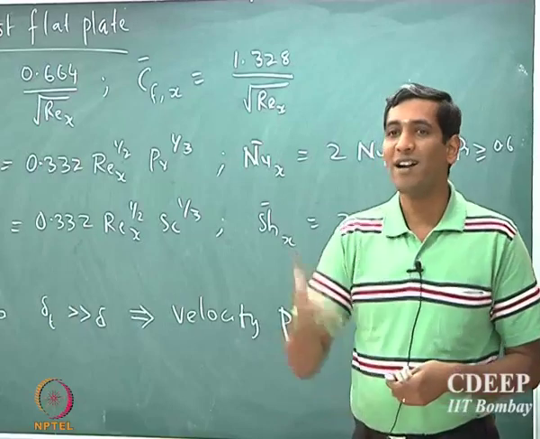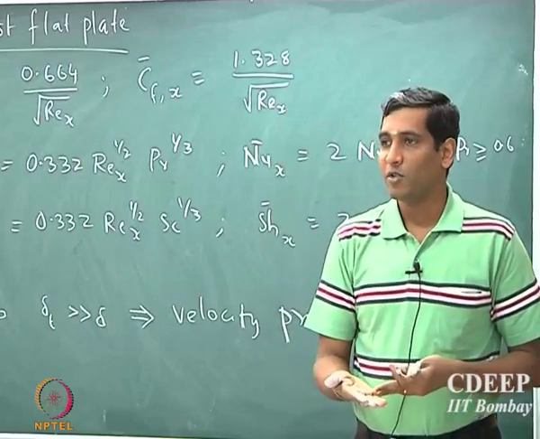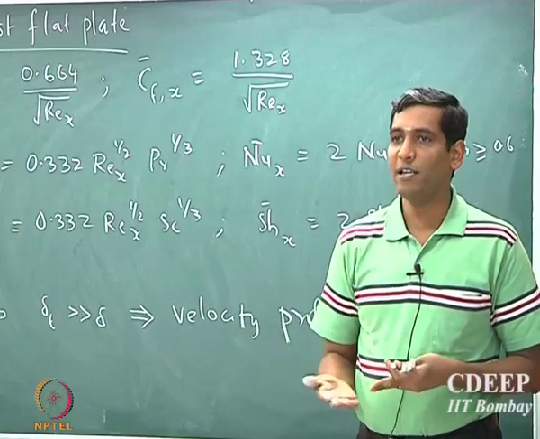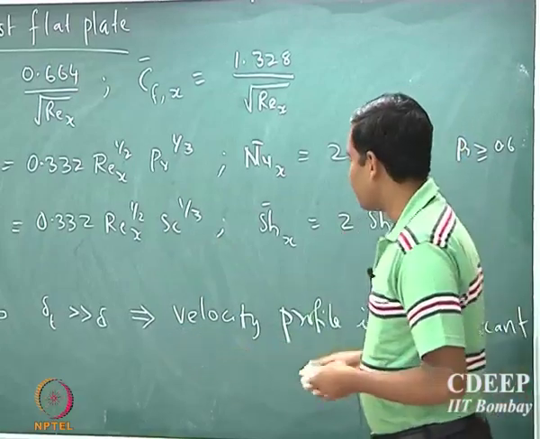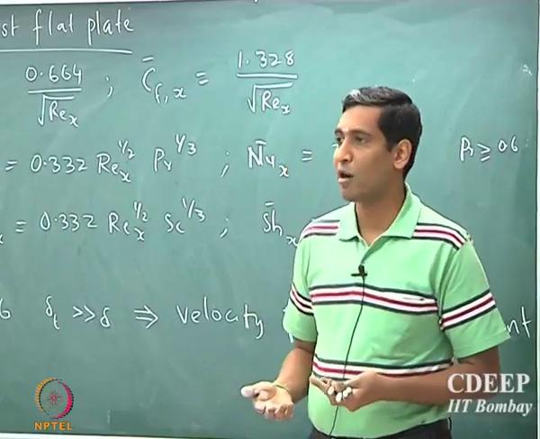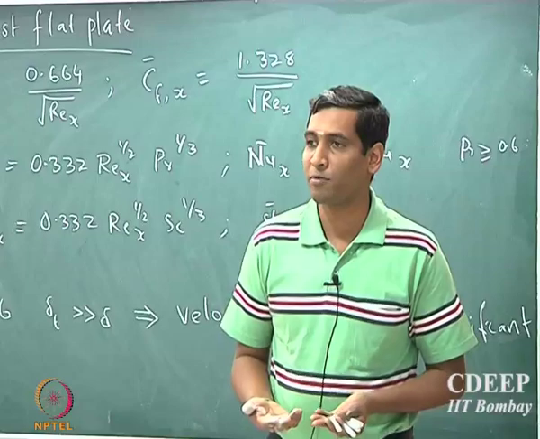So it's almost like a flat velocity profile. So the boundary layer velocity profile is not very significant, and therefore it's not going to affect the heat and mass transport process.